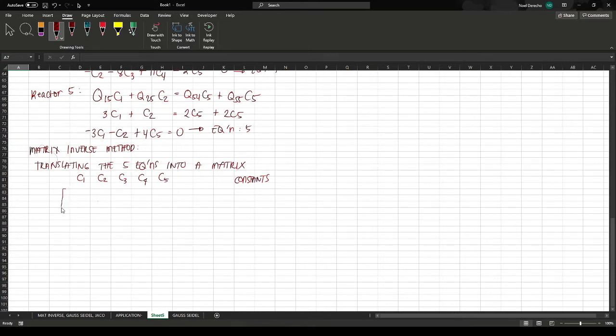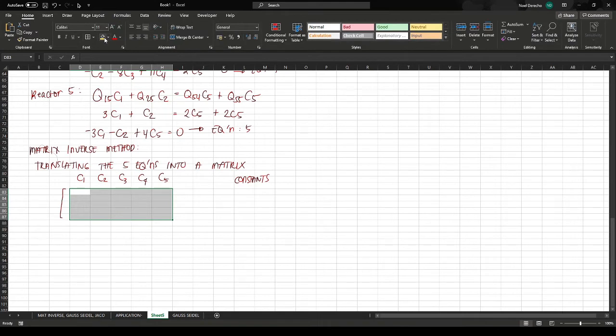So 5 by 5, from here to here. So that is 5 by 5. Let's just highlight it so that we can trace it. Times the unknown variables, which is equals to the constants.